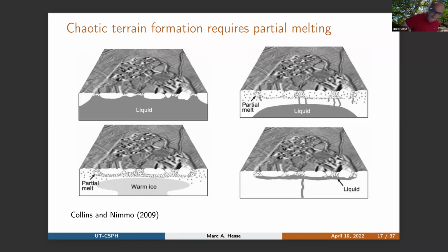In particular, the fact that these chaos terrains are elevated has been invoked as a sign that melts don't drain. Now, talking to the people that do stereo image topography, it seems that there's some doubt whether they're actually elevated or not. The data apparently is just not good enough to really tell this, and that's something that should be resolved.